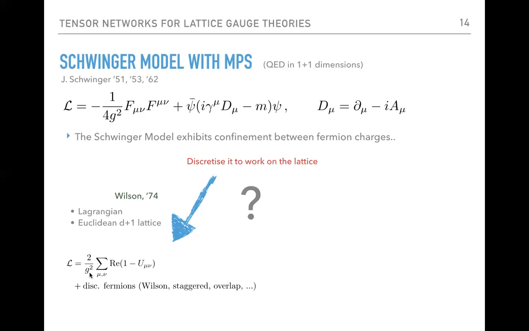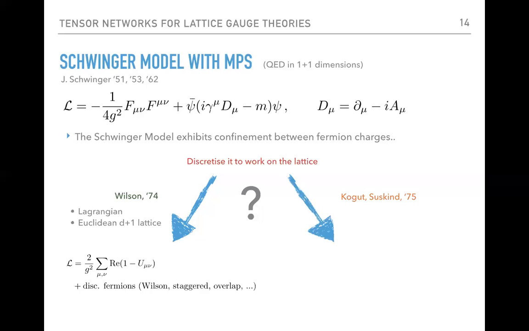And so you end up with a Lagrangian density. Those who know a little bit of lattice field theory will recognize this is a plaquette operator, this is the Wilson action, and you will have to choose the discretization of fermions which is your favorite, and put it in there as well. But this is not the only way of discretizing the theory.